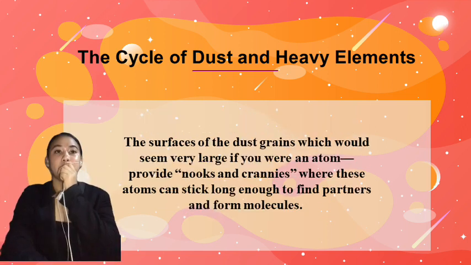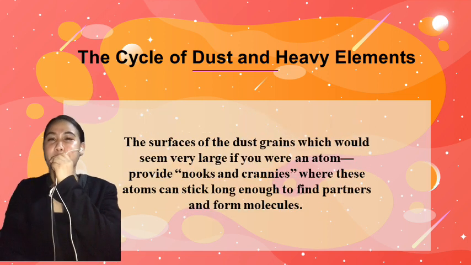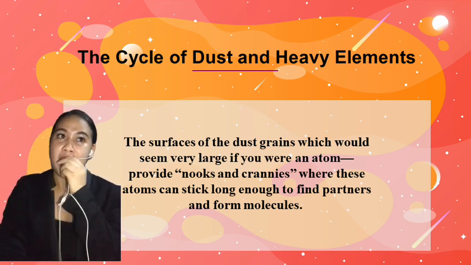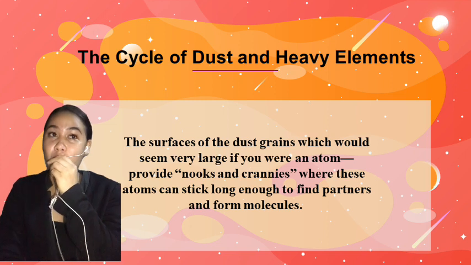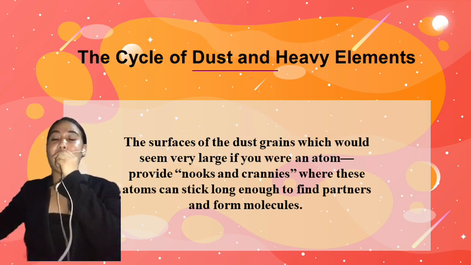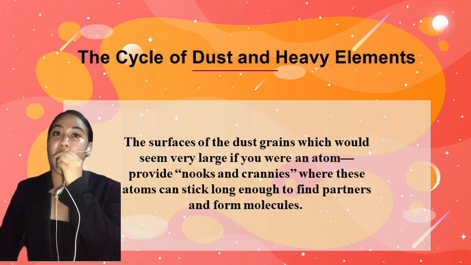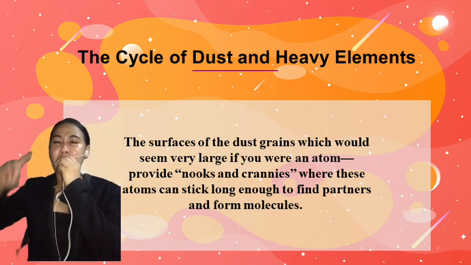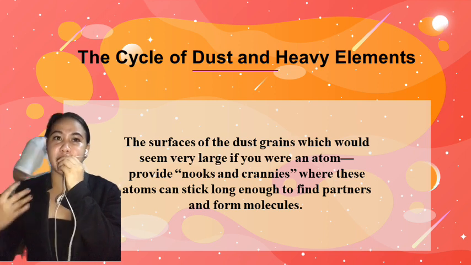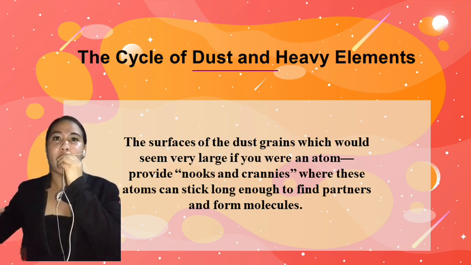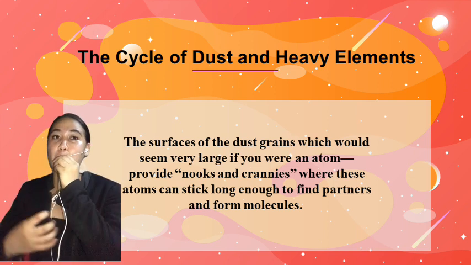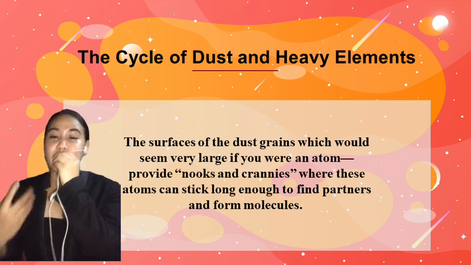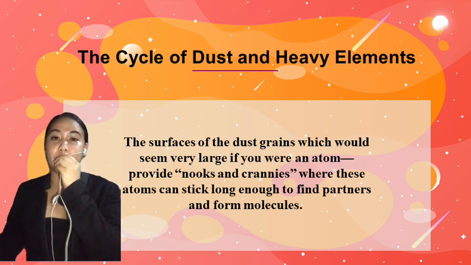Here, the surface of dust grains, which would seem very large if you were an atom, provides nooks and crannies where an atom can stick long enough to find a partner and form a molecule. So, think of the dust grains as interstellar social clubs where lonely atoms can meet and form meaningful relationships. Right? Sana all.